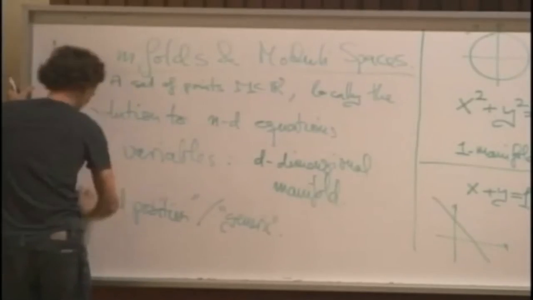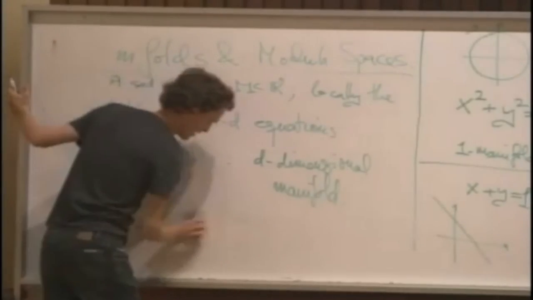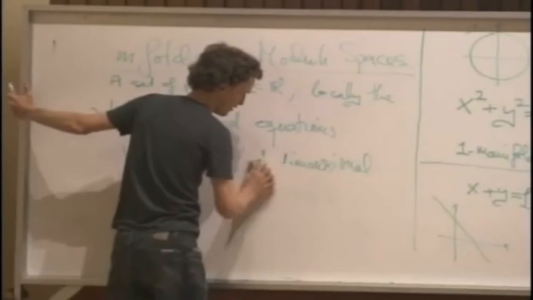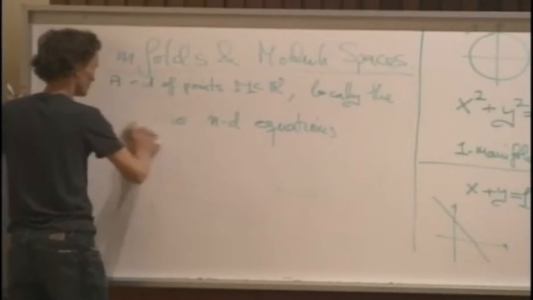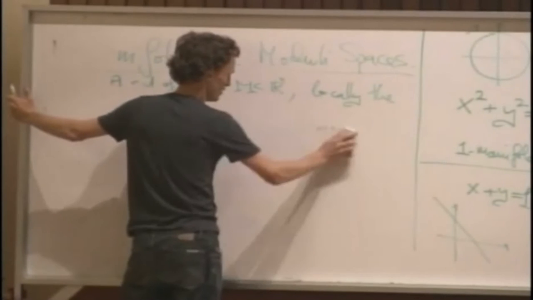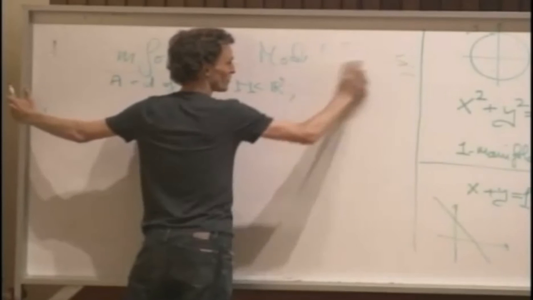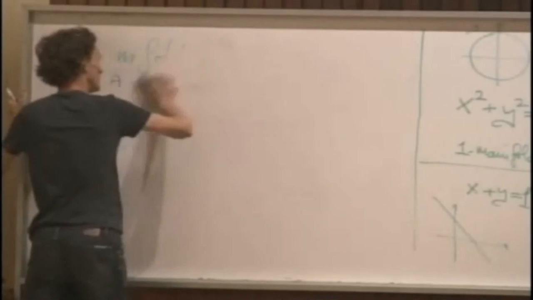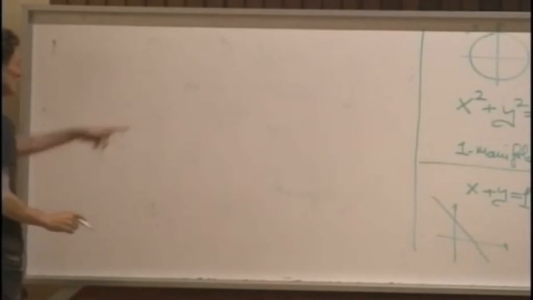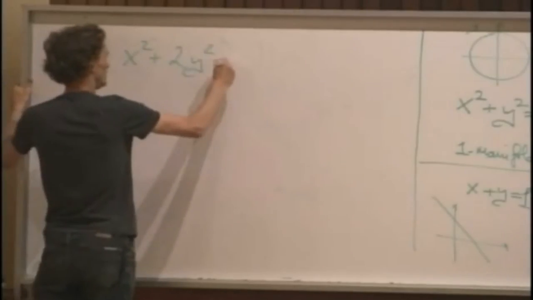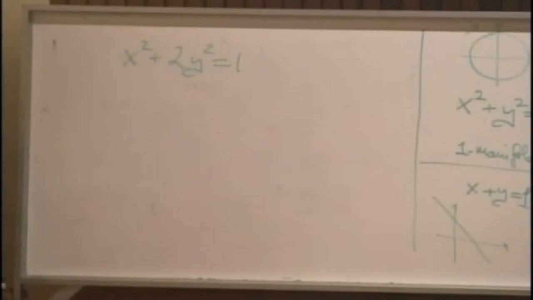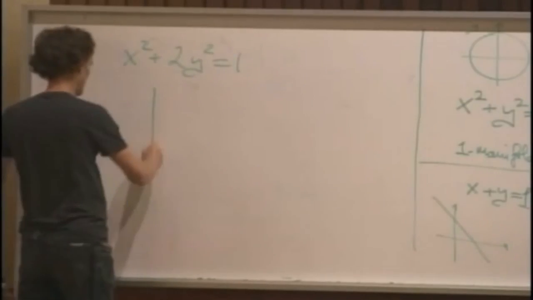So when are two such things equal? Well, that's actually an important point for my talk, and especially the two following talks. They can be quite similar without being quite equal. So if you have another equation, x squared plus 2y squared equals 1, you get a different set of solutions.